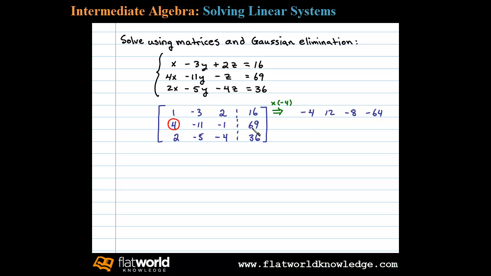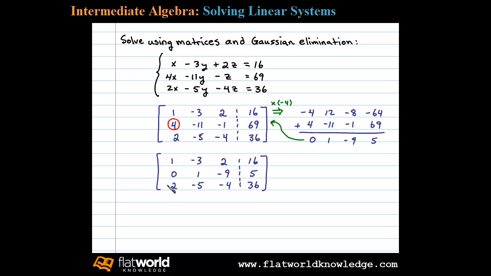And we'll write the second row right underneath that. Now adding these two rows together, we'll get 0, 1, -9, and 5. We'll use this to replace the second row.